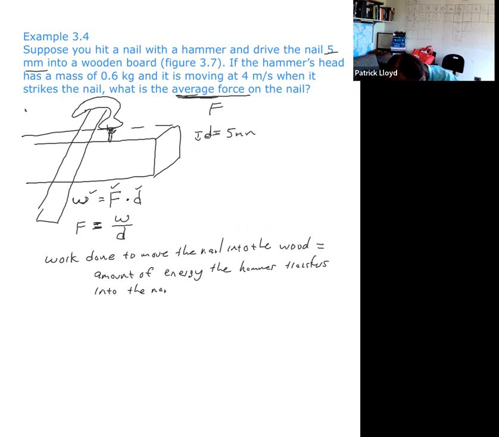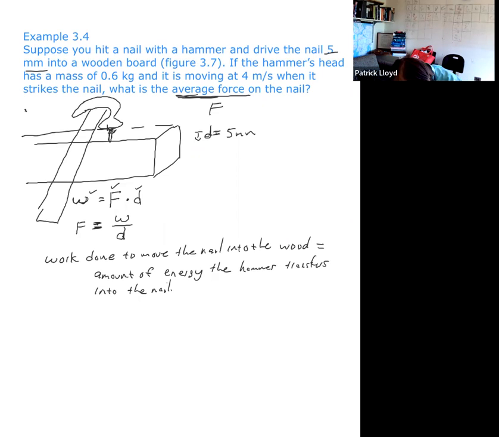This is essentially a mechanical thing. You have this hammer, it has energy because it's moving, it hits the nail, and transfers energy into the nail. Boom, the nail goes in. So how much energy did this hammer have when it hit the nail, so that it can transfer the energy into the nail, move the nail, and do work on the wood? Well, that's the kinetic energy.